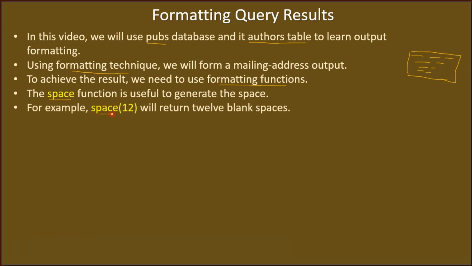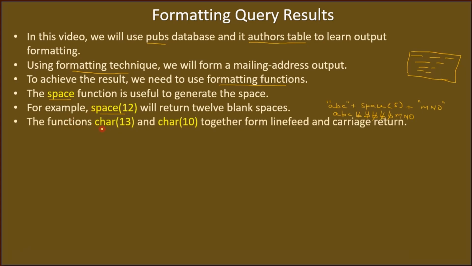For example, space of 12 will return 12 blank spaces. Suppose we use ABC plus space of 5 plus MNO, then what gets printed is ABC, then 5 blank spaces, and after that MNO is printed. So that's the use of the space function.